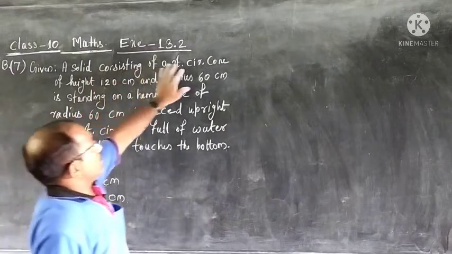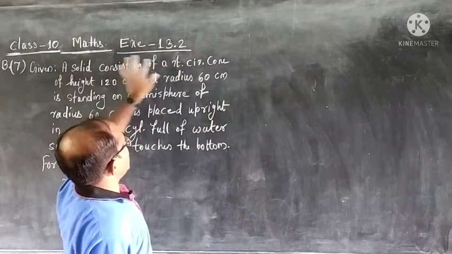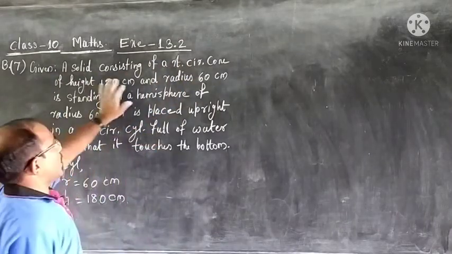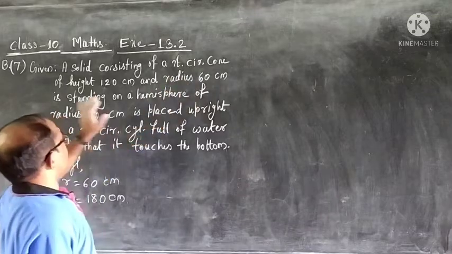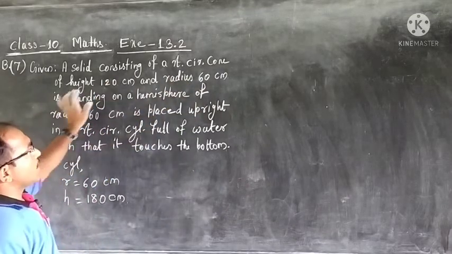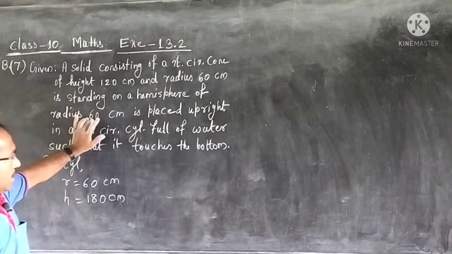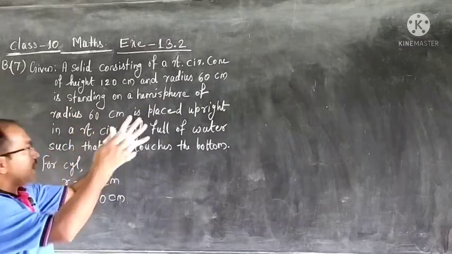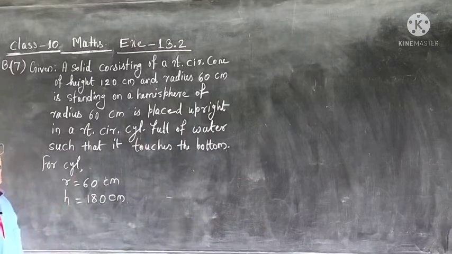Then the solid consisting of a right circular cone of height 120 and radius 60, standing on a hemisphere of radius 60, is placed upright in a right circular cylinder full of water.